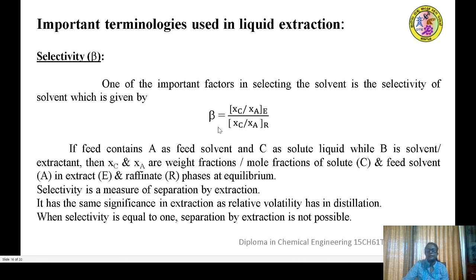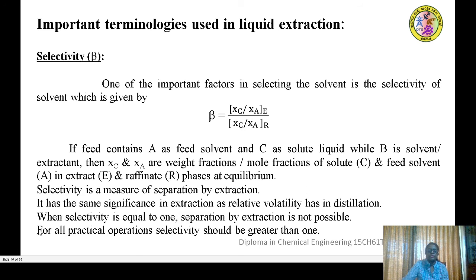So you always expect that the beta value should be greater than 1 if you want the separation to be possible by extraction. So for all practical operations, selectivity should be greater than 1. So this is a condition. If selectivity is equal to 1, then extraction is not possible. And if it is greater than 1, then the solvent is suitable to carry out the extraction.